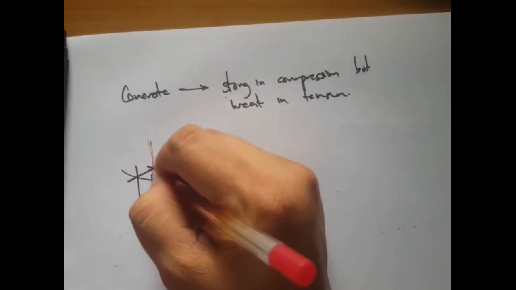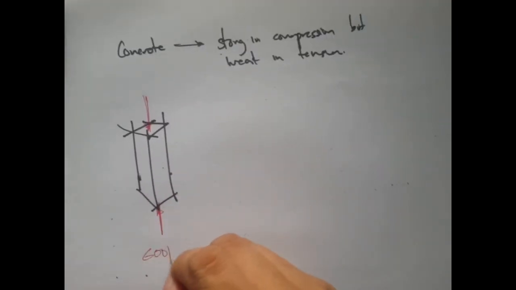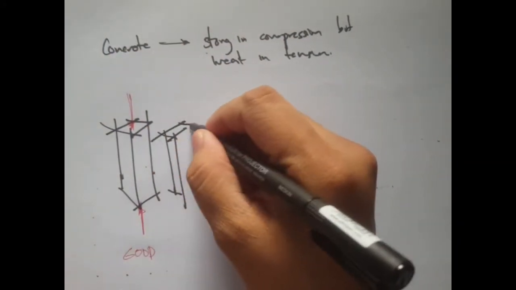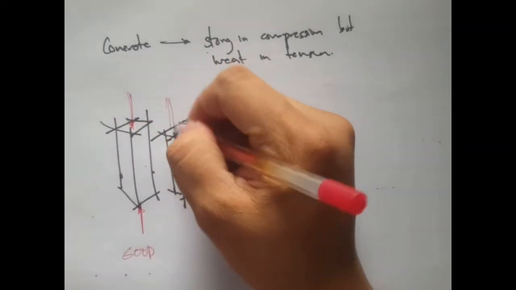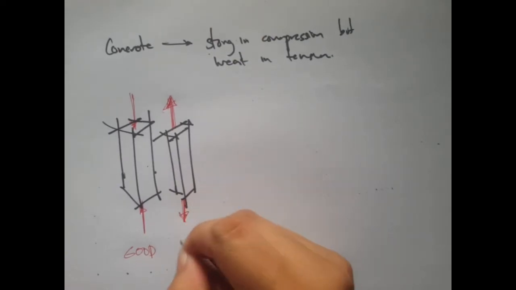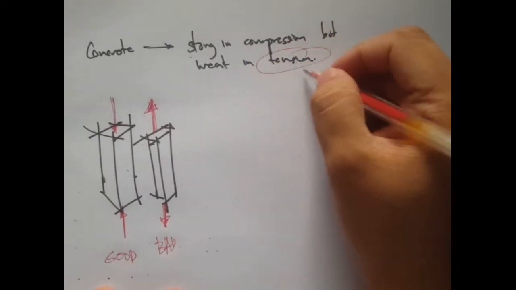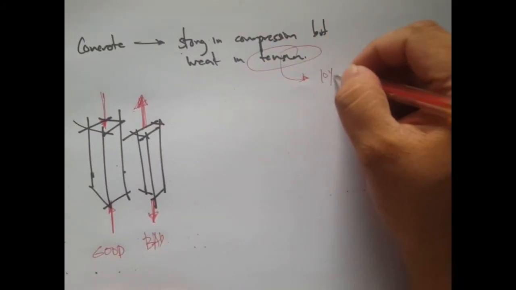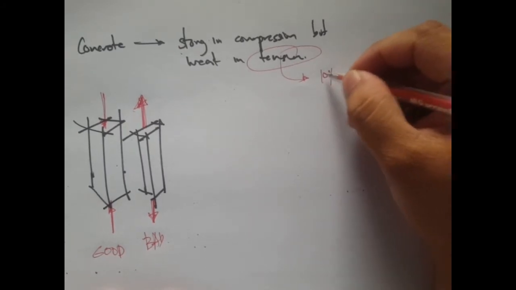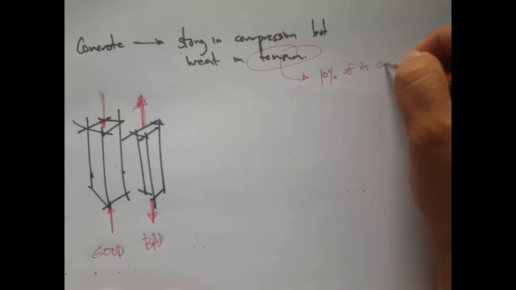If it's in compression, it's good, but if it's in tension, that's bad. The tensile strength is around 10%, so 8 to 12%, depending upon the literature. But I guess just say roughly that's 10% of its compressive strength.